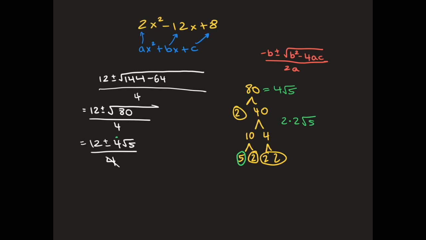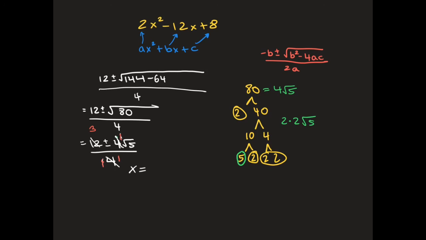So 4 gets canceled out, this 4 gets canceled out, and this one gets canceled out. And this becomes 1, 1, and 12 divided by 4 is 3. Remember, these are 1, and this becomes 1 as well. Now, all we have to do is just put this into our final equation.